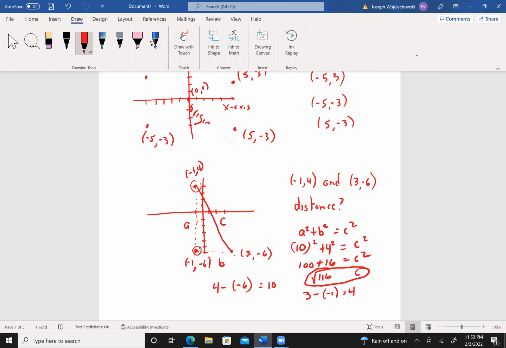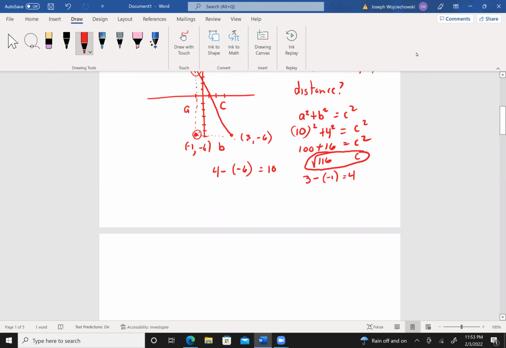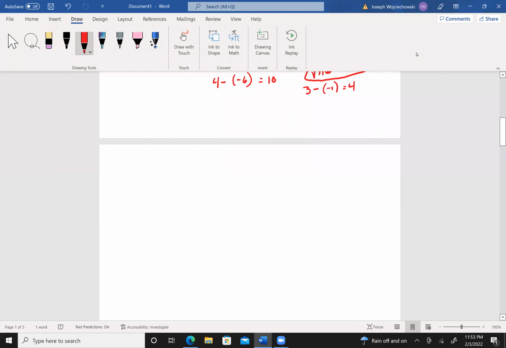Now let's look at another one here. This is going to be a little different. So I want to determine if the points x, which is the point (-6, -4)... actually, let's hold off on that for a minute. Let's go to our generic graph.